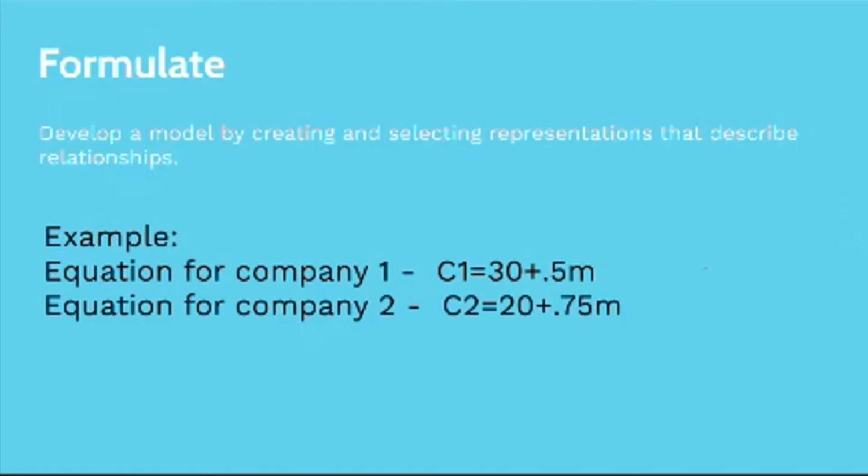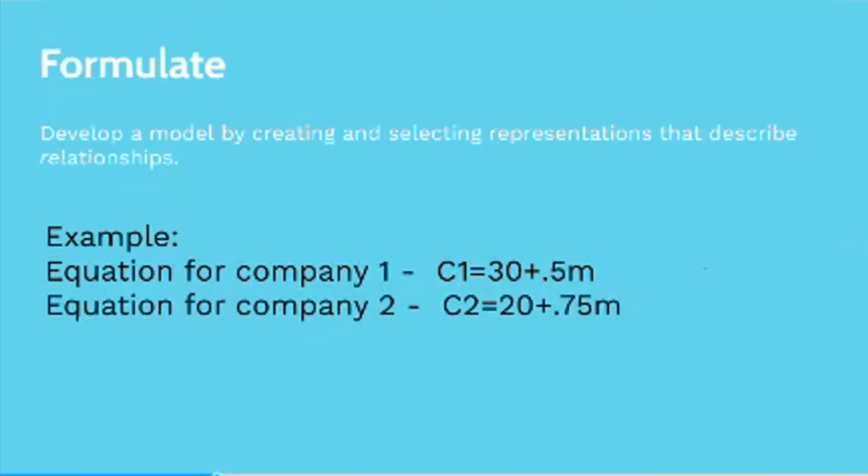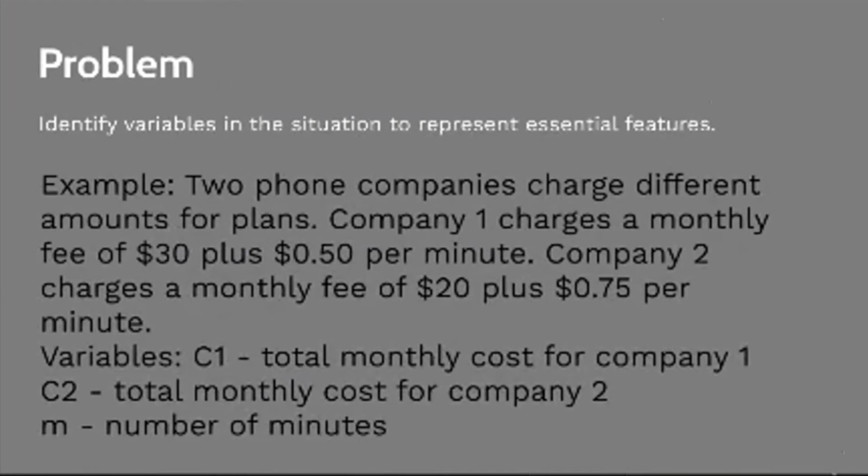And so we've created these: $30 is our base cost, if you'll remember the problem. And 0.5 was how much? It was 50 cents per minute, right? A base fee of $30 plus 50 cents per minute.